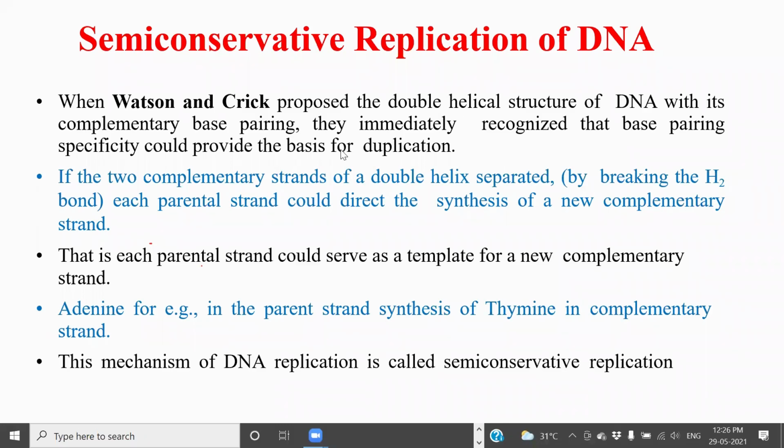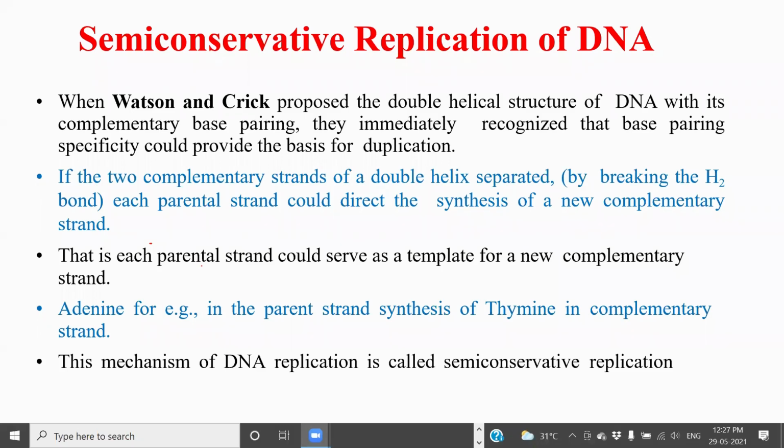Got the information about the DNA molecule. DNA replication always takes place semi-conservatively. This statement was predicted by Watson and Crick, but they didn't have any kind of proof.